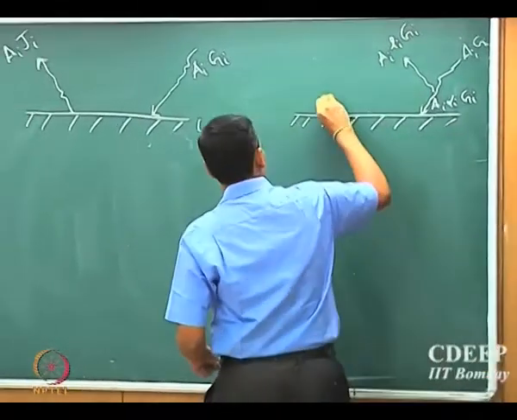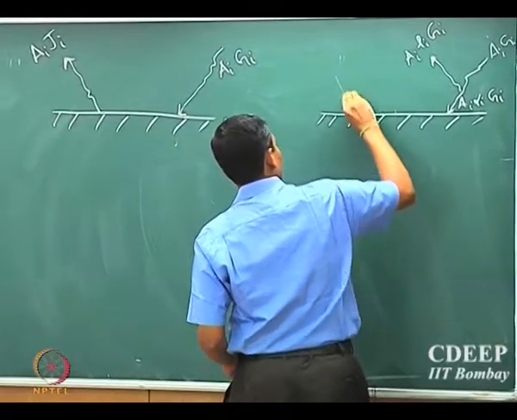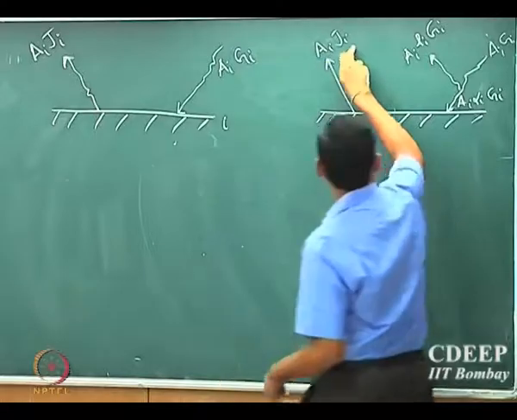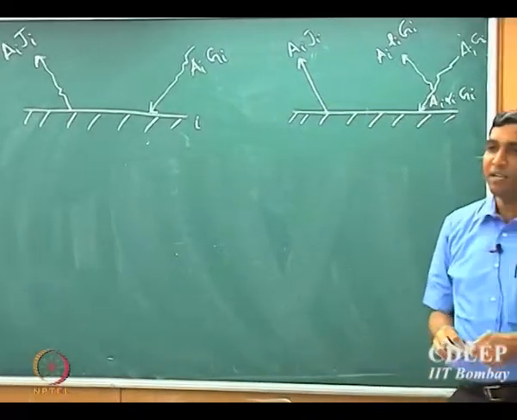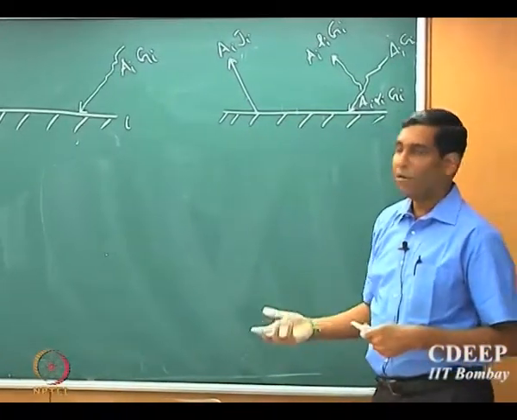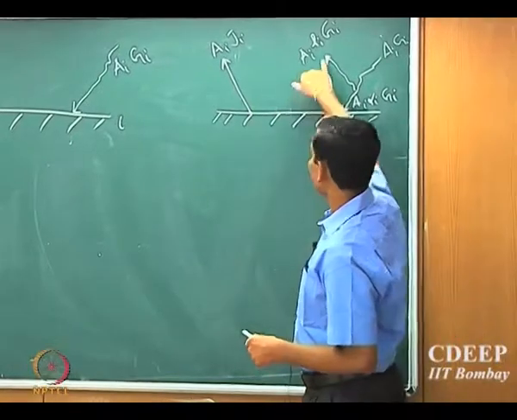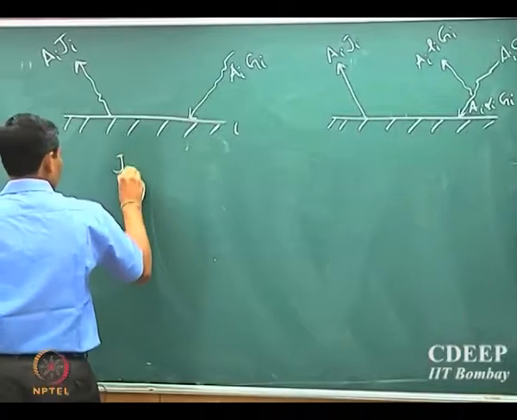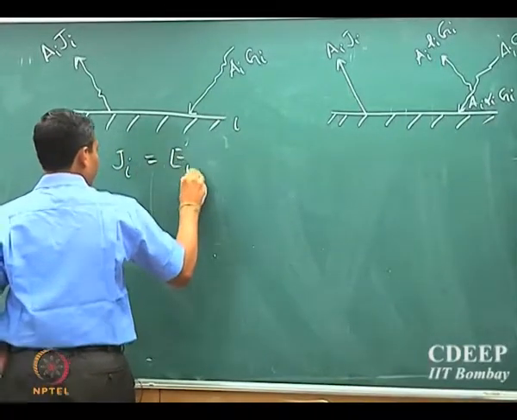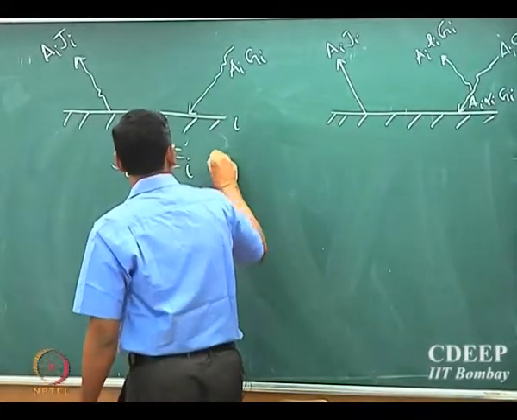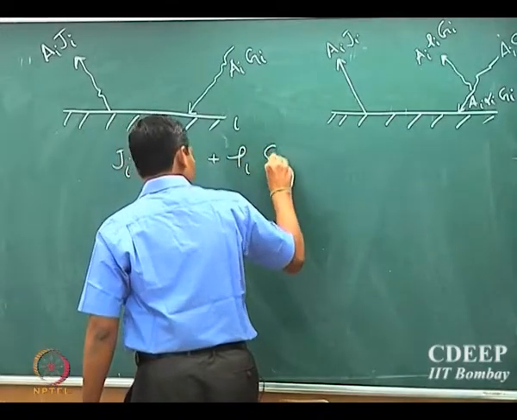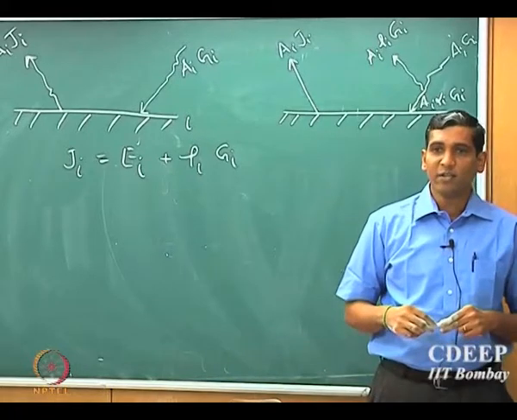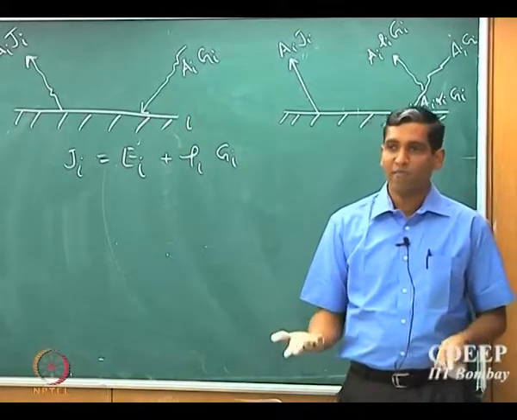AI JI is the net radiation emitted from that surface, where JI is the emission from the surface plus rho I into GI.